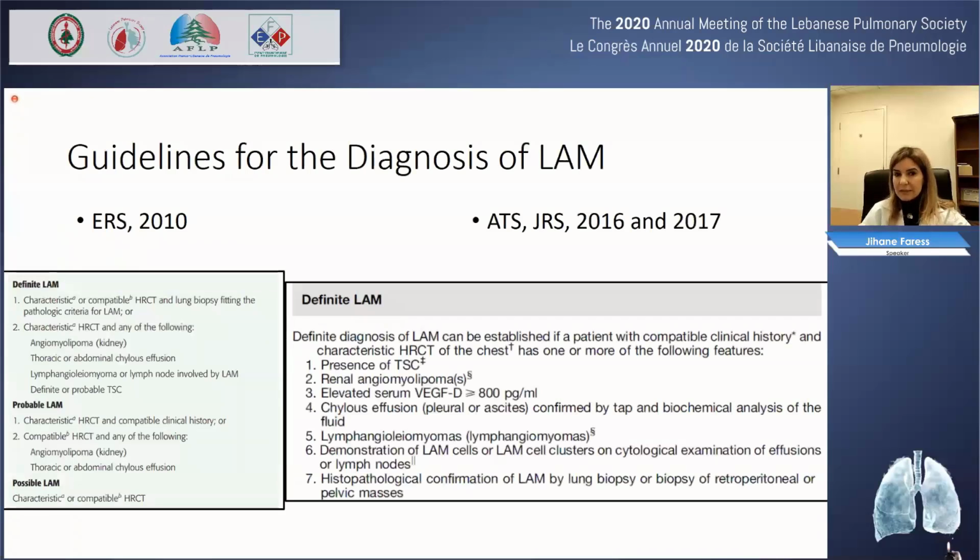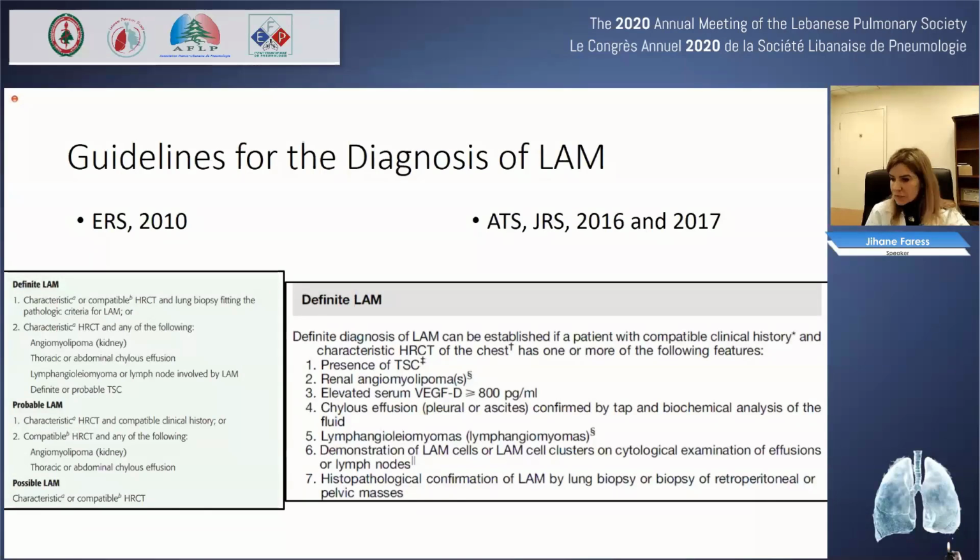So for the guidelines for the diagnosis of LAM, there are two major guidelines. There is the European Respiratory Society guideline that was put out in 2010. And there is the ATS, the American Thoracic Society, and Japanese Respiratory Society guideline that were put out back-to-back in 2016 and 2017, addressing several different problems with the disease.